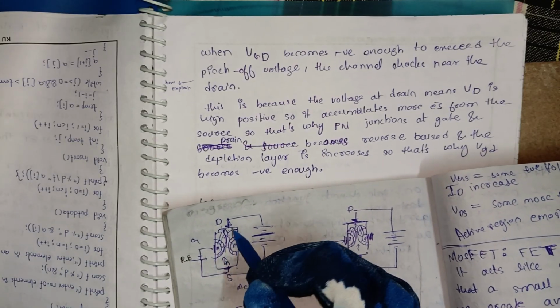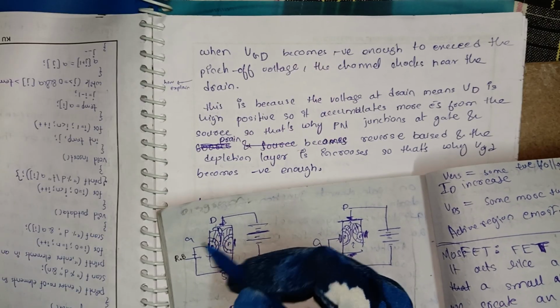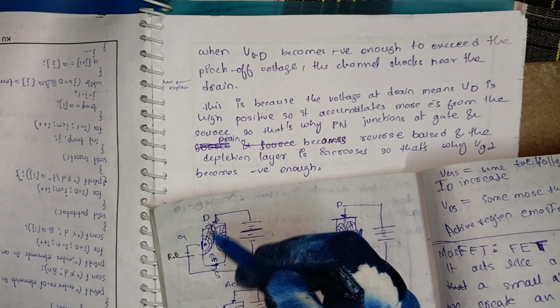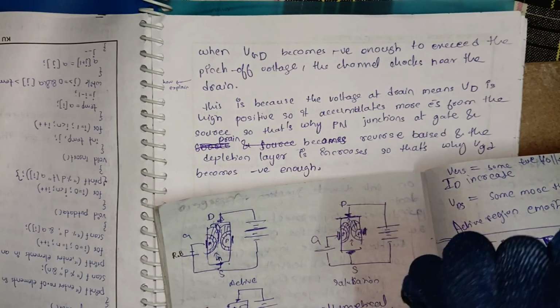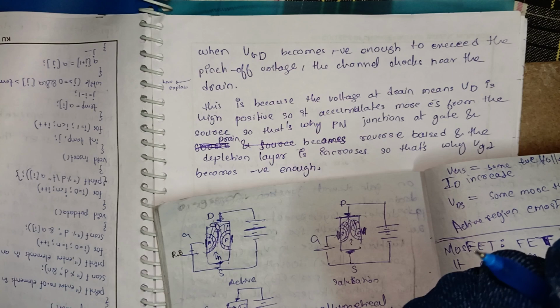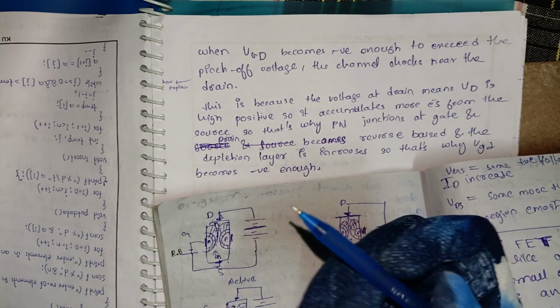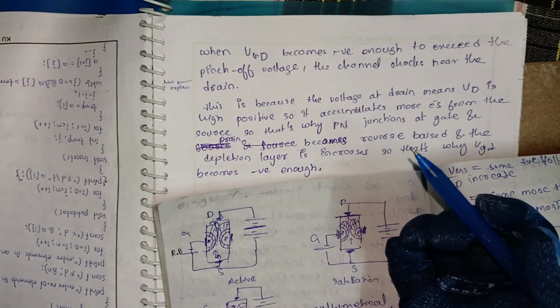Due to diffusion, electron and hole recombination occurs, and it leaves behind the negative acceptor ions and positive donor ions. As we already know, p-type materials have negative acceptor ions and holes, and n-type materials have free electrons and positive donor ions.